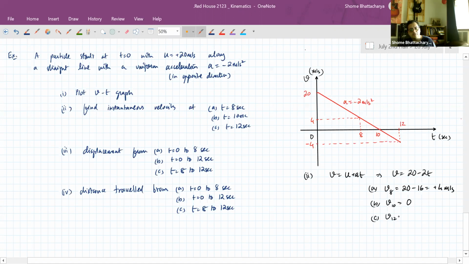And at 12 seconds, it will become minus 2 meters per second. Sorry, minus 4 by mistake. So hope all of you understood that part. Most of you got these answers correct.